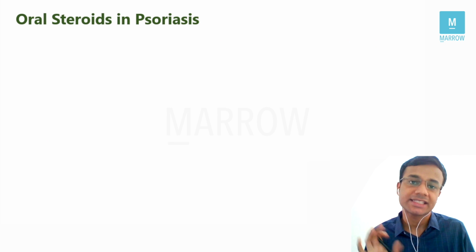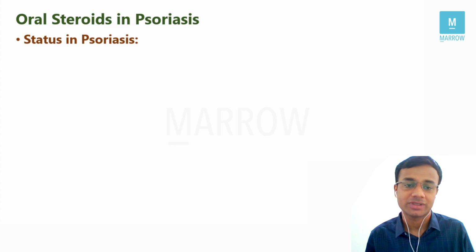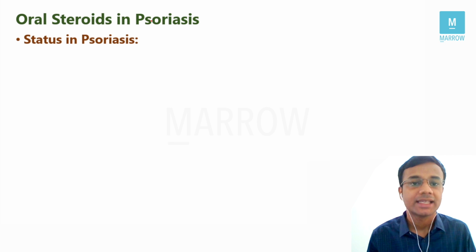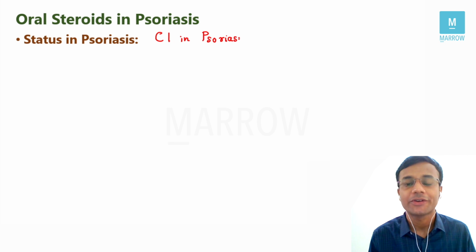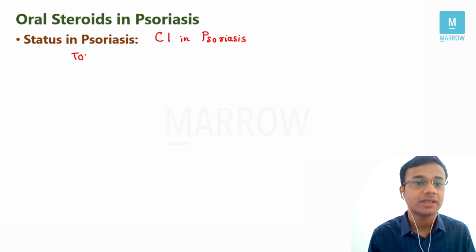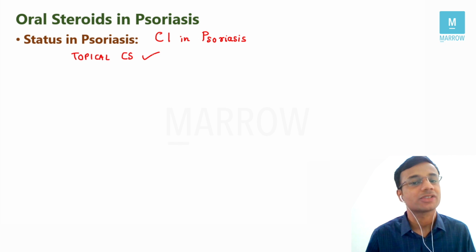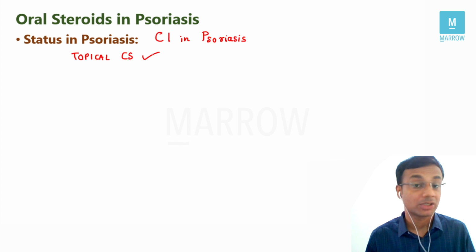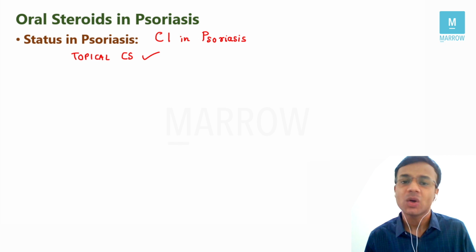Now, what is the status of oral steroids in psoriasis? Number 1, first you remember that oral steroids are contraindicated in psoriasis. What is approved in psoriasis is topical corticosteroids, which are used because of their anti-inflammatory properties, but oral steroids are contraindicated. Now, what is the reason?